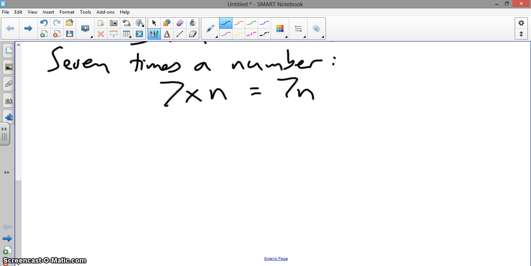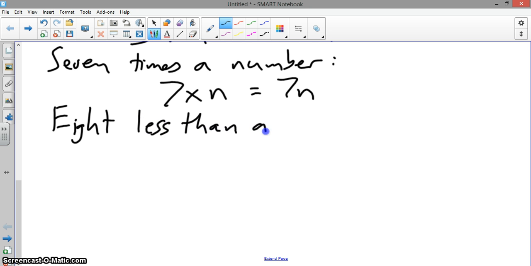Let's try another one. 8 less than a number. Some of you are probably thinking 8 minus n. Very tricky. You've got to pay attention.